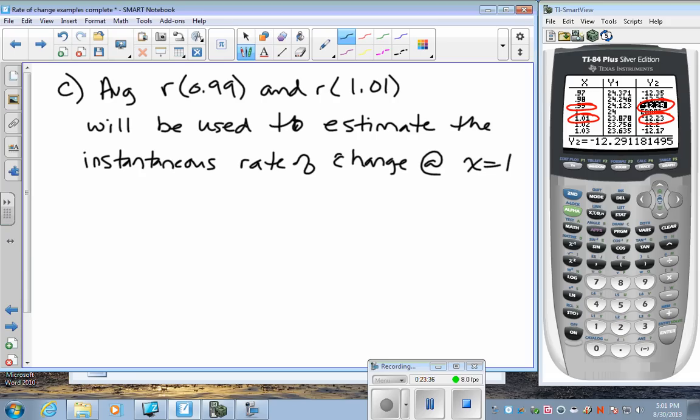So all we're going to do is average these. So we're going to take negative 12.2911, use the entire value. We're going to add that to negative 12.